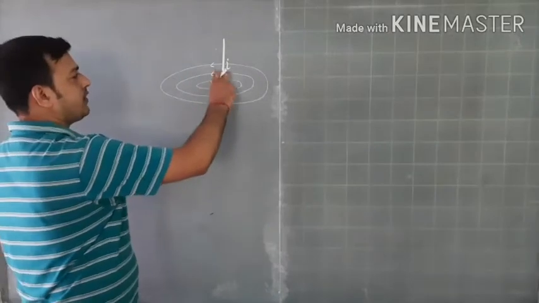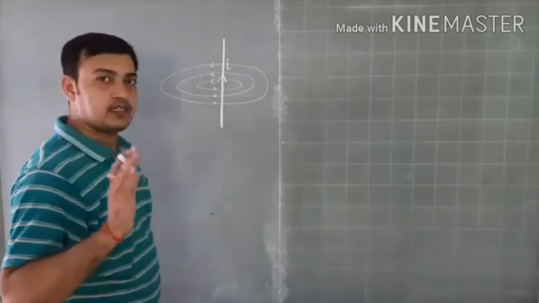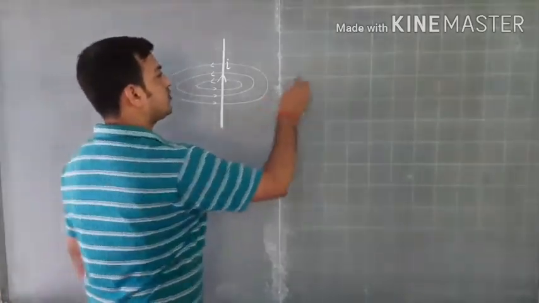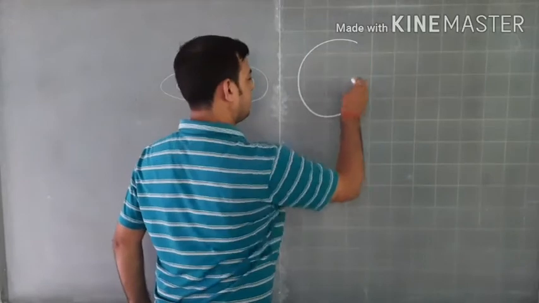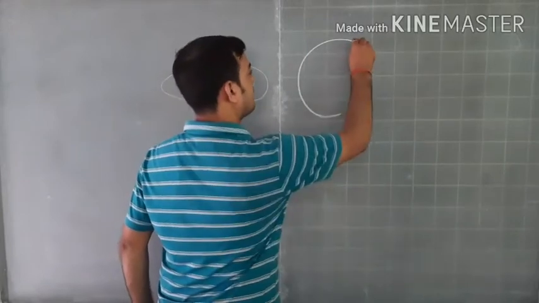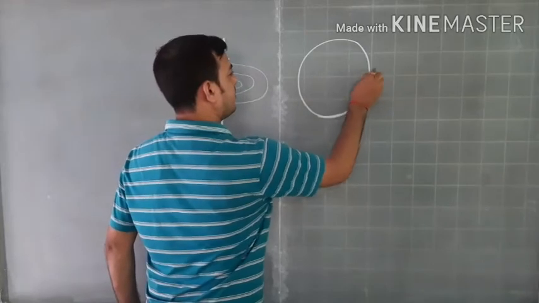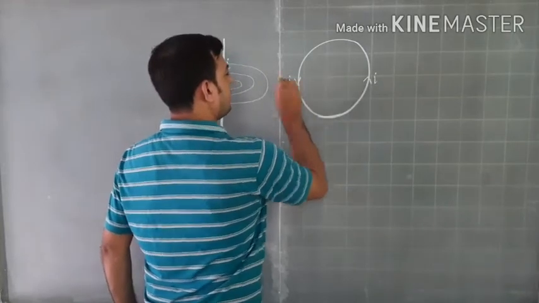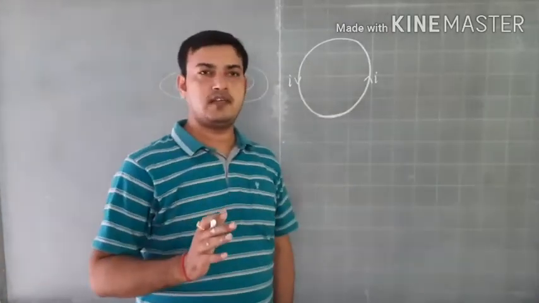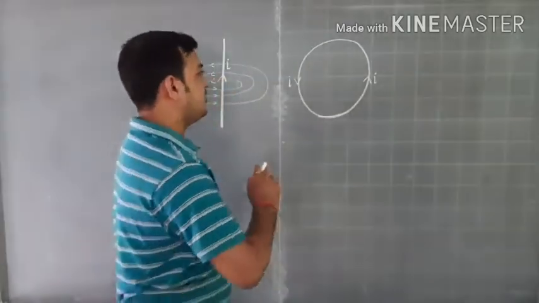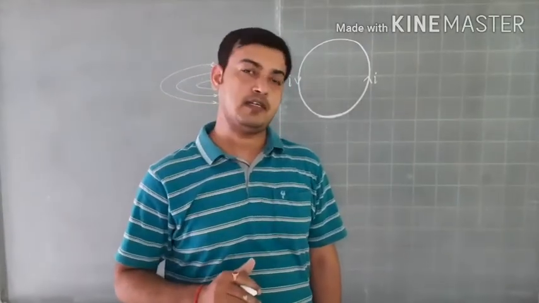Now what will happen if I take the wire as a circular loop? So consider a case that it is a loop and that carries a current of I. So similar to that situation, if this loop carries a current I, then it will also produce a magnetic field around it.